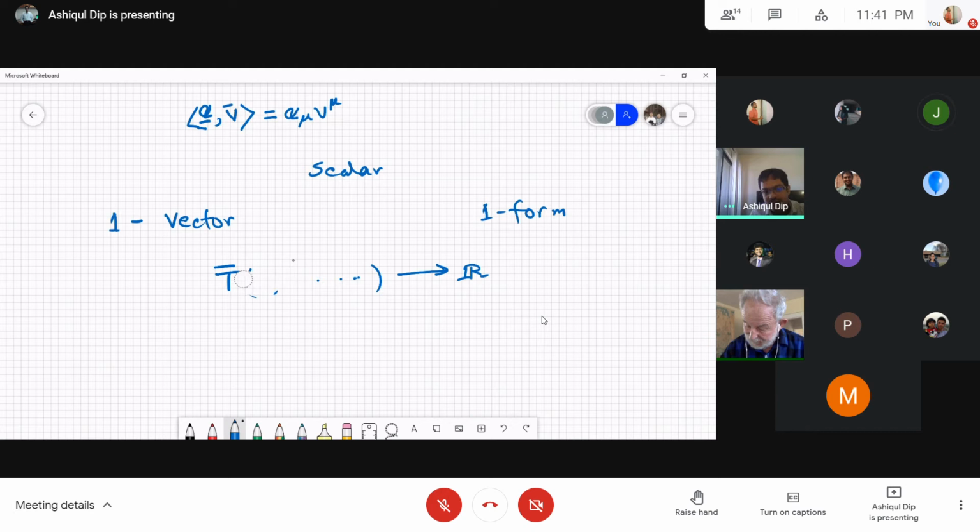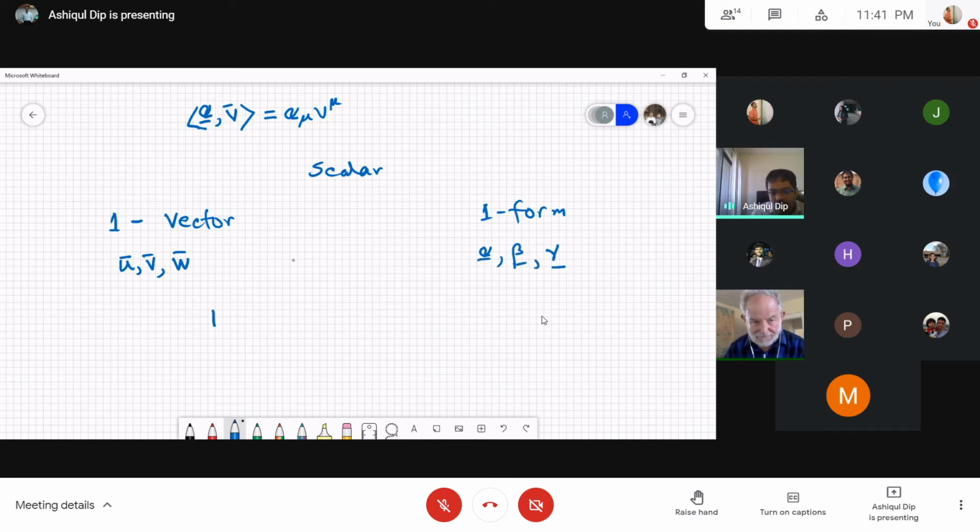So let's give a specific example. Say you have three vectors u, v, w, and three one forms, say alpha, beta, and gamma.